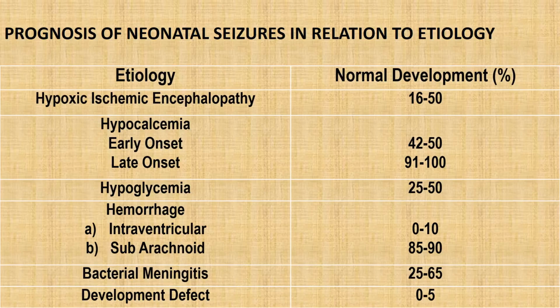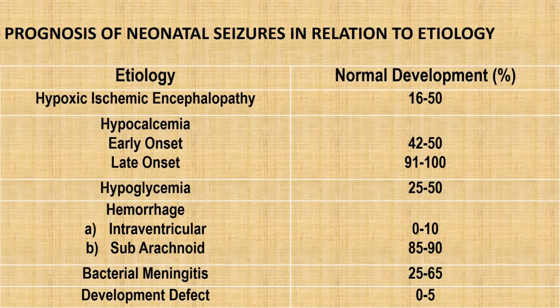Prognosis of late onset hypocalcemia is very good. 100% normal development can be there in late onset hypocalcemia. In hypoglycemia, 25 to 50% of newborns will have normal development while 50 to 75% will have abnormal development.